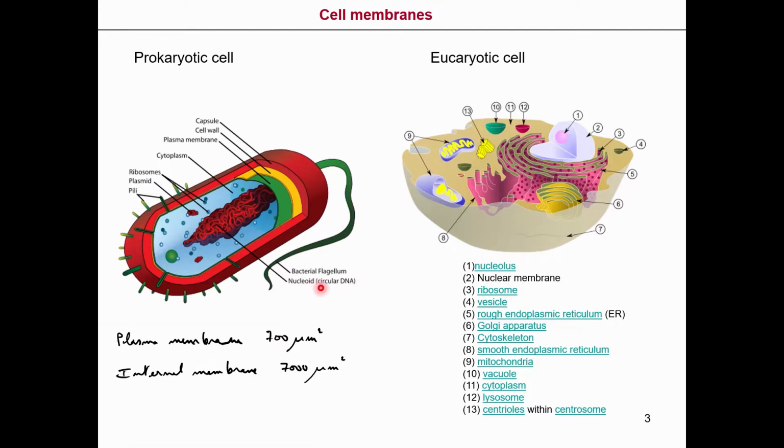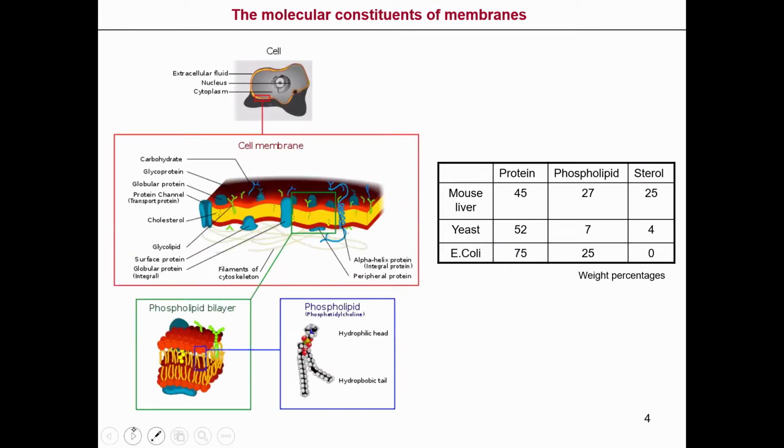You can see that especially in the eukaryotic cell, where you have the endoplasmic reticulum and the mitochondria, which are also made by membrane, and the cytosol and so on, lysosome and so on. Okay. So here you have the cell, the extracellular fluid, the nucleus.